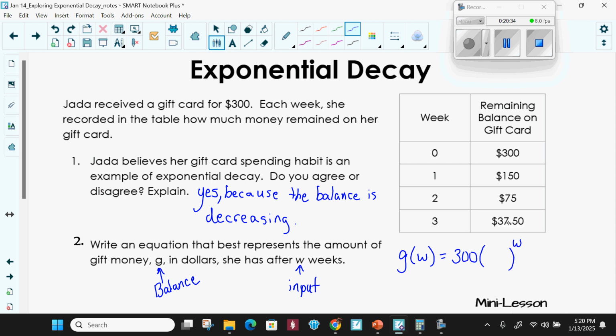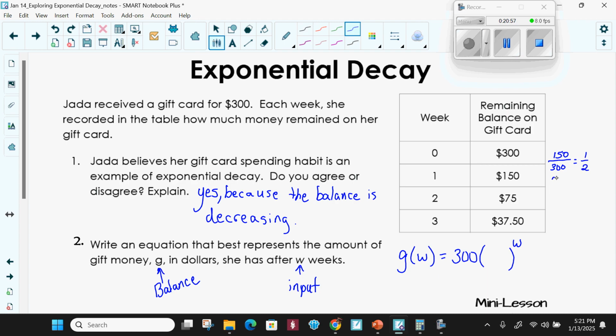Okay, so let's look at this. We have 150, and its previous value, not 500, it's 300. I'm sorry. Previous value is 300. So if we reduce this to its lowest terms, we get a 1/2.